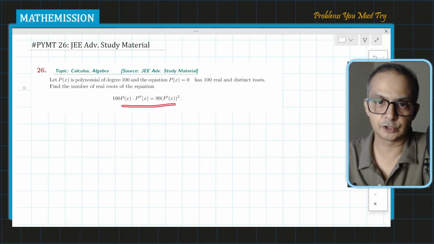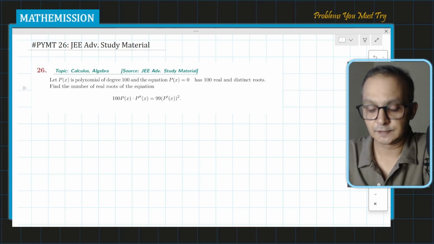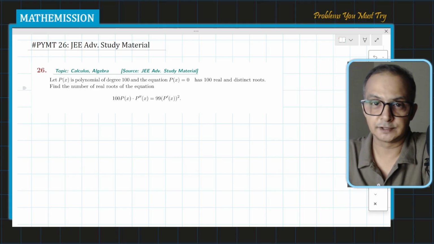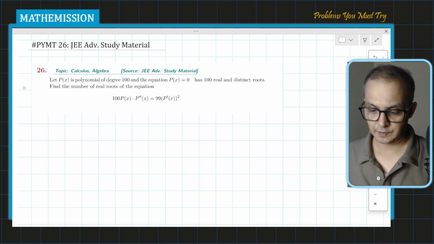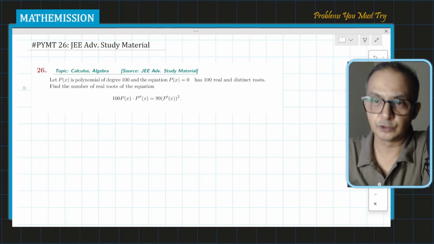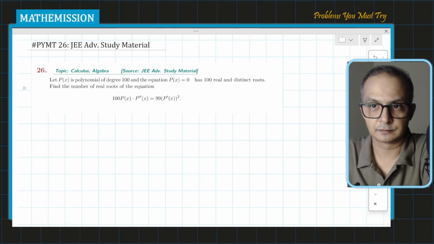Now there are two ways to solve it. First, by using calculus, and in calculus particularly we are going to use the Lagrange's mean value theorem, or just mean value theorem, or Rolle's theorem. And the second one is from theory of polynomial equation.